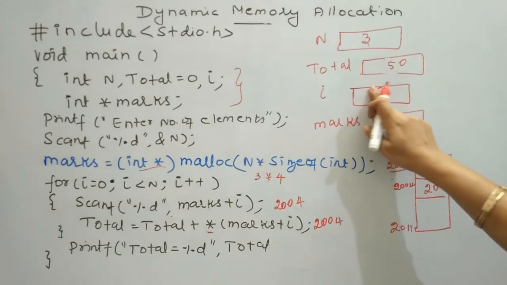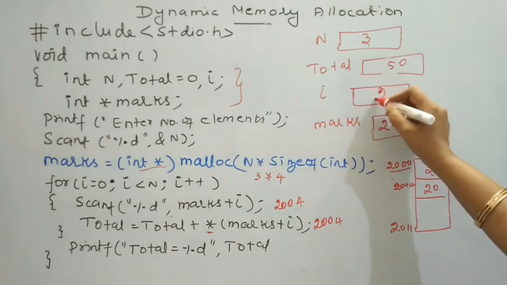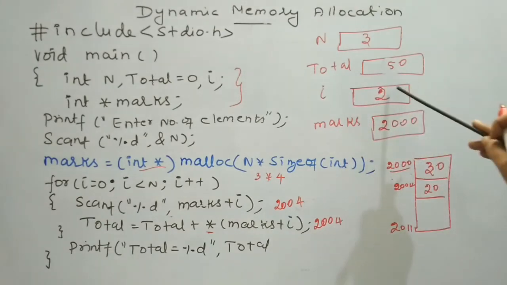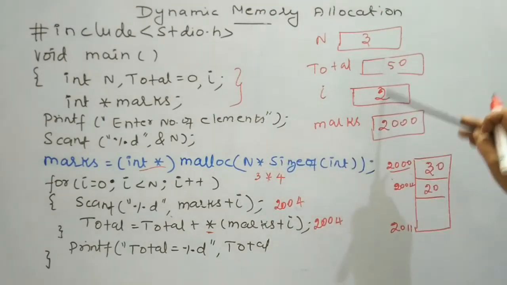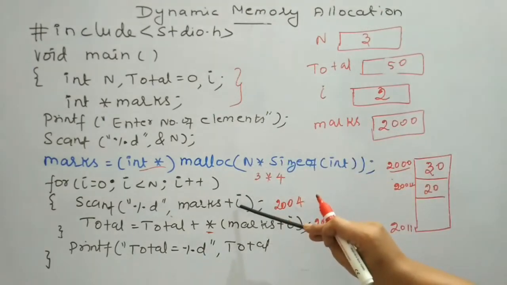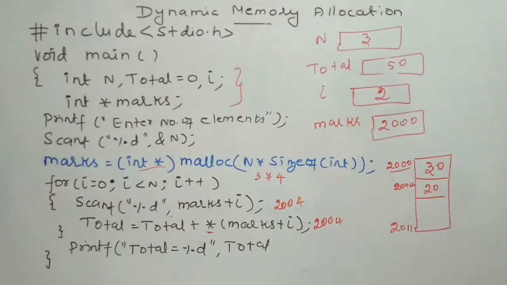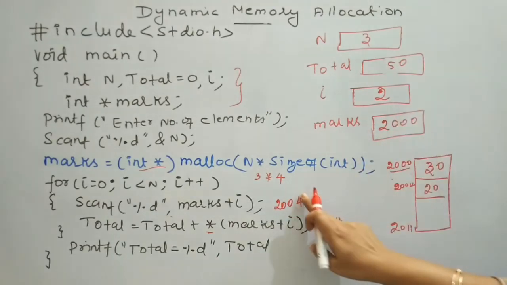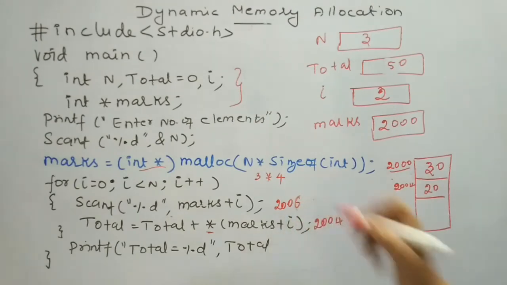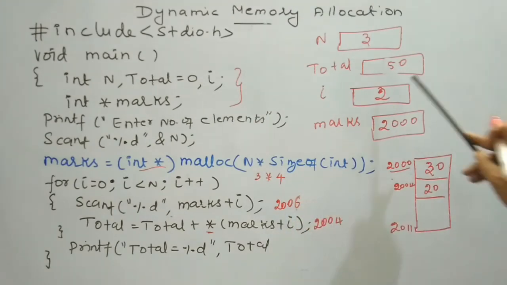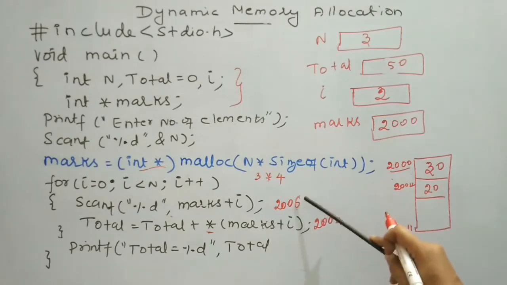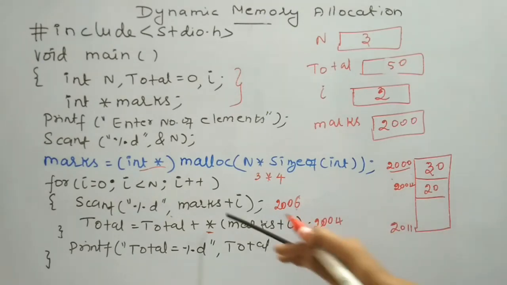Now the value of I is 2. The third iteration, the value of I is 2. It checks the condition I is less than n, so I get inside this for loop. Inside the for loop, now marks plus I, where the value of I is 2, will be 2008. If it is incremented by 2, 2 into 4, that is 8, will be added to marks.